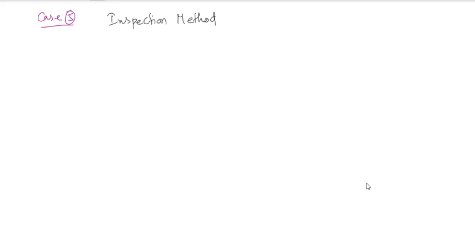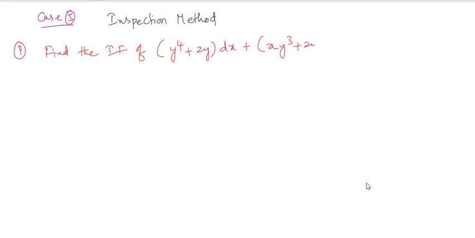Okay, yeah. In that, first let me take the first problem based upon this, so that you will have an idea. Find the integrating factor of (y^4 + 2y) dx + (xy^3 + 2y^4 - 4x) dy equals 0.